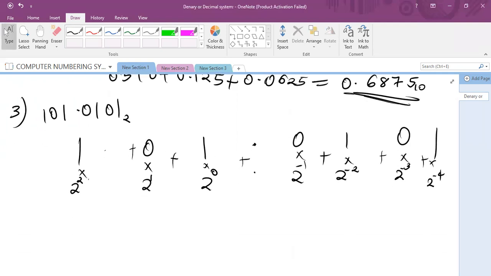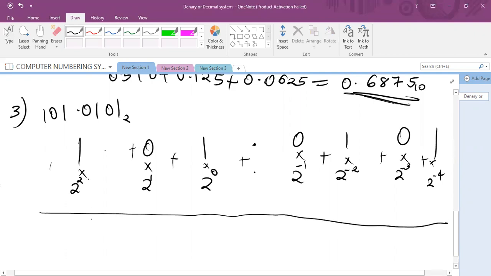Adding them all up, this will give 4 here, plus this will give 0, plus this will give 1, plus this will give 0, plus this will give 0.25, plus this will give 0, plus this will give 0.0625.